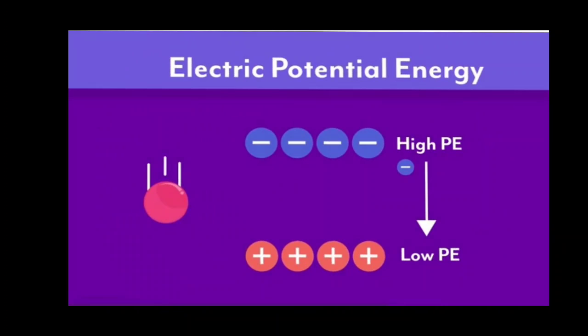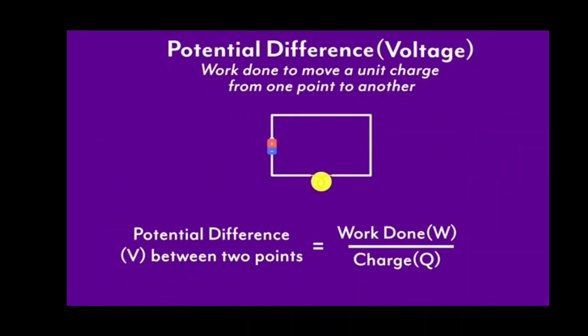See this diagram in which the electrons tend to move from a higher potential energy to a lower potential energy. So, what creates this difference in potential or potential difference? This difference in potential or potential difference is created by a cell or a battery.